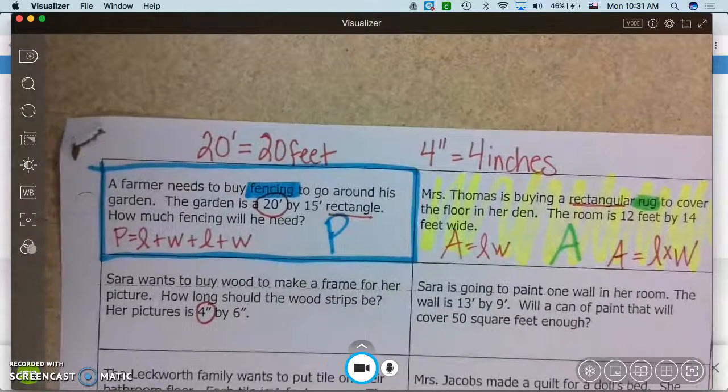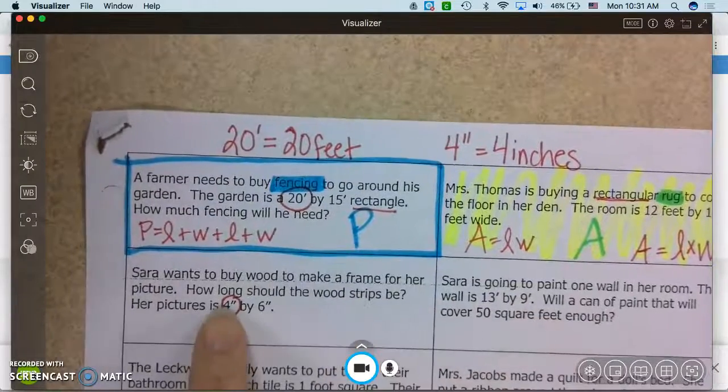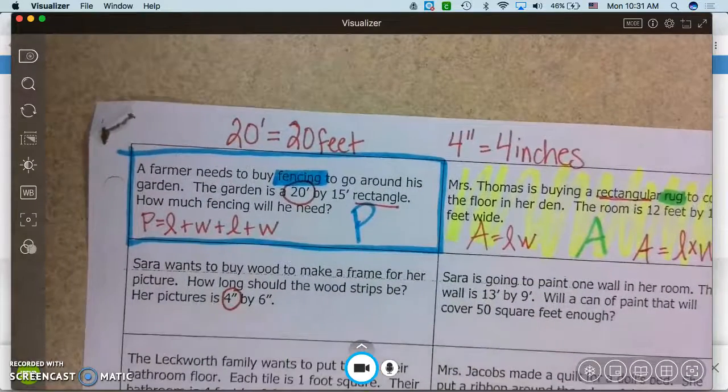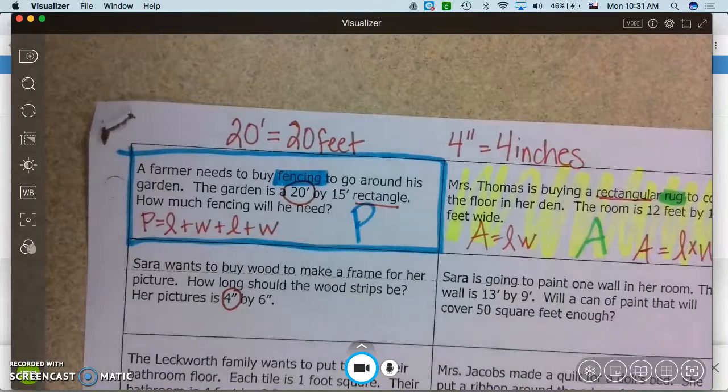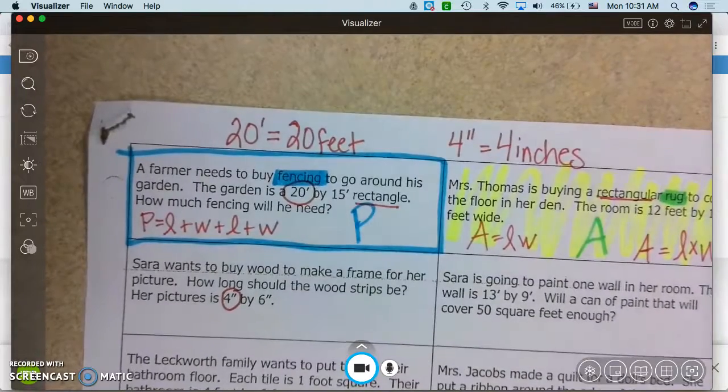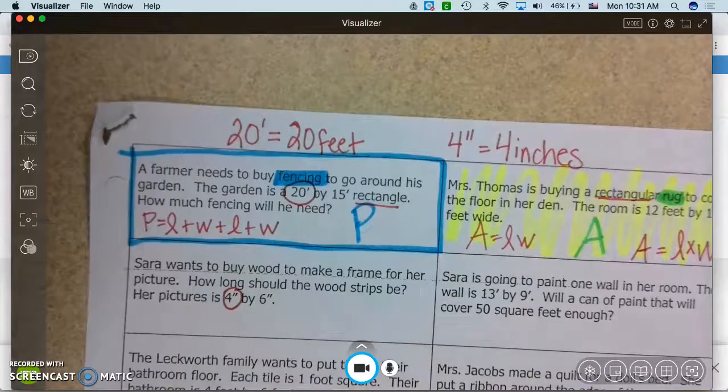All right, let's look at the next one. We got 2 problems here with Sarah. First, we're going to look at the one on the left. Read that one to yourself. Raise your hand if you want to share whether it's perimeter or area.